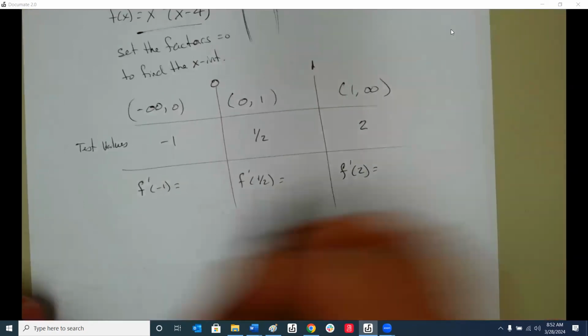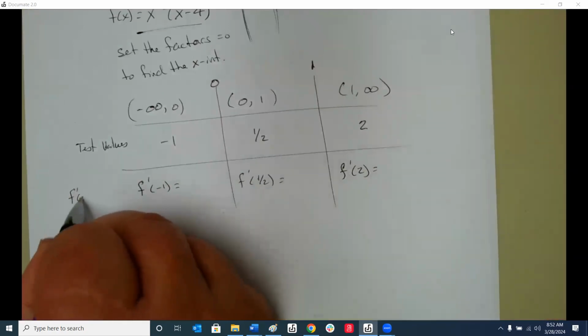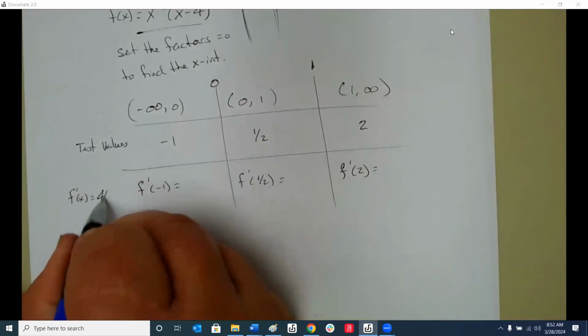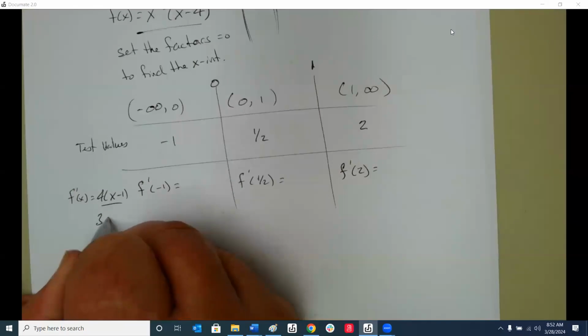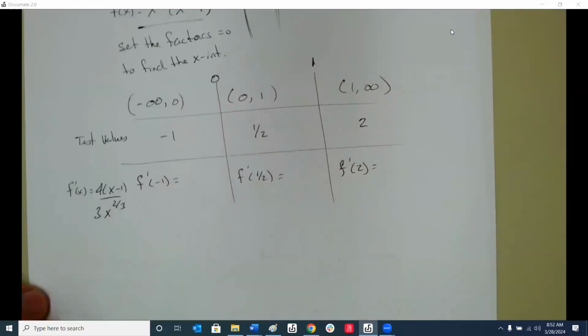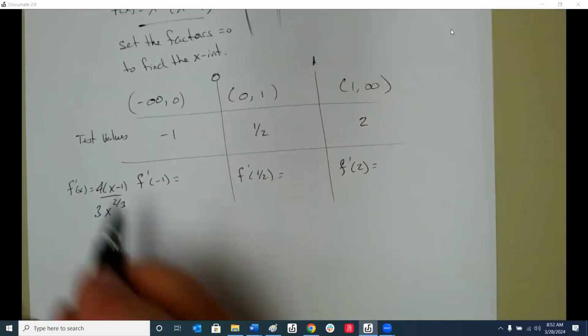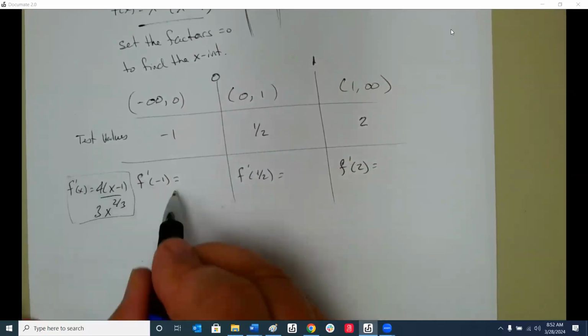So remember, the first derivative is 4(x minus 1) over 3x to the 2/3. Plug that in there.